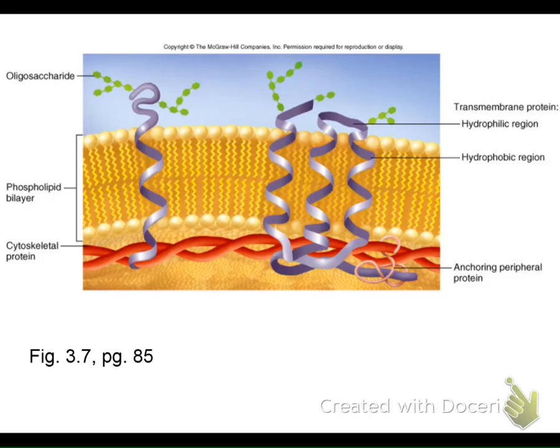Level 1 is the order of the amino acids. Level 2 is the alpha helices or the beta sheets, the way that the chain folds or bends. And the entire shape of the protein is the 3rd level. So we see some alpha helices here.